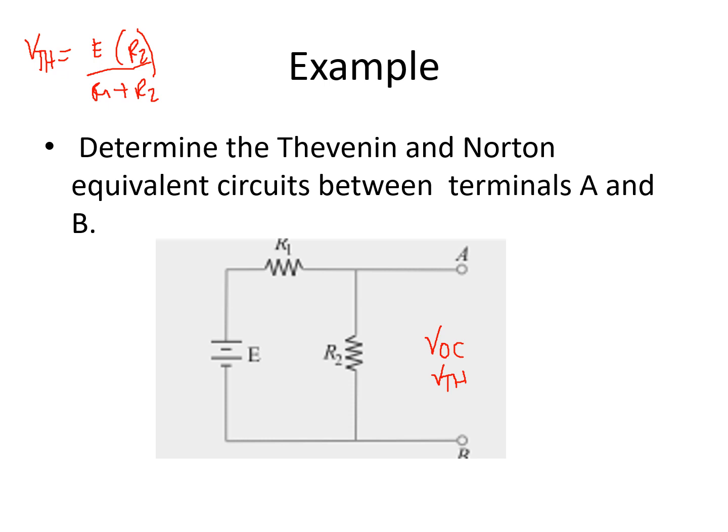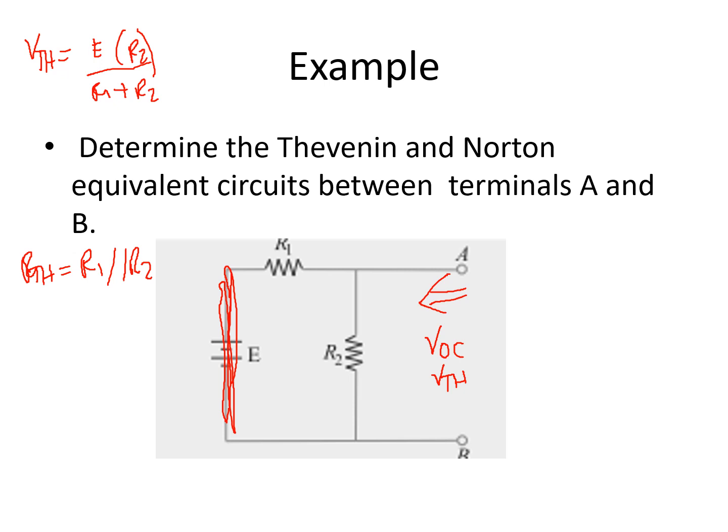Okay? So in getting R_TH, what do we do? We short circuit the source, and when we look at the equivalent resistance in this direction, we can see that R_TH is simply R1 parallel R2.